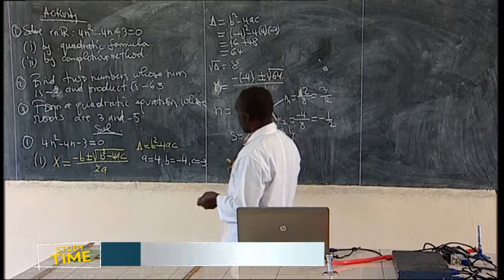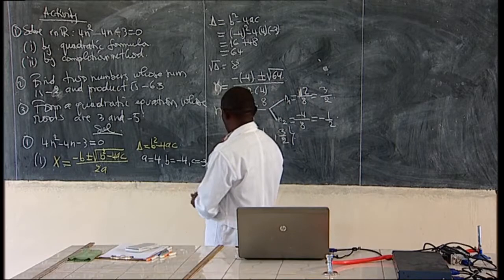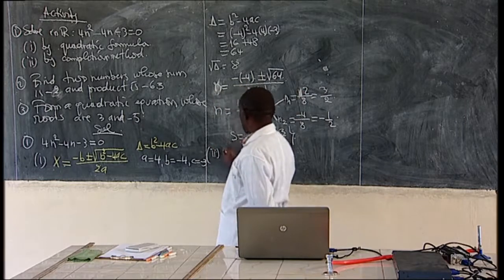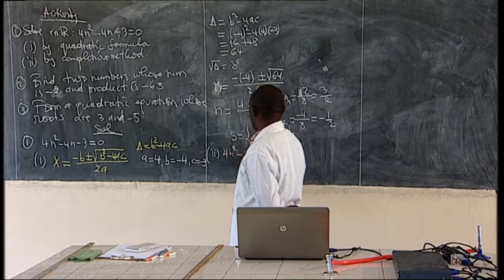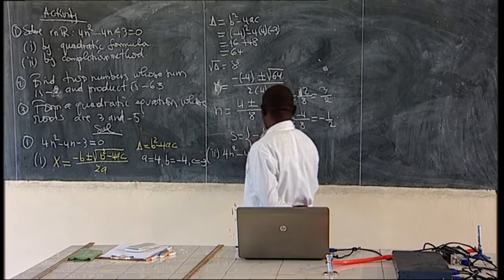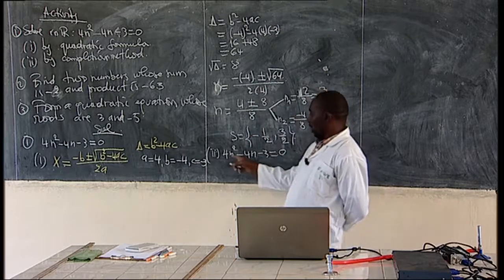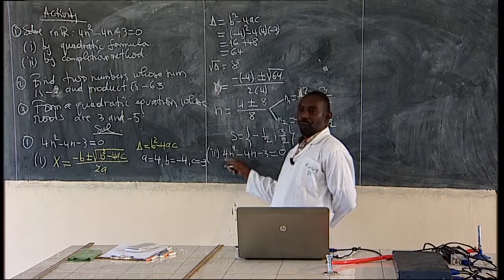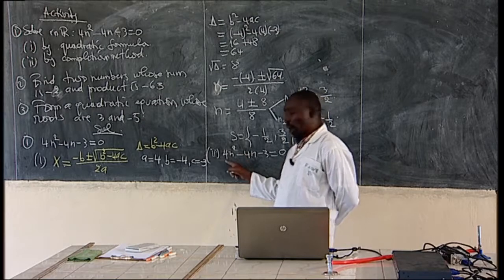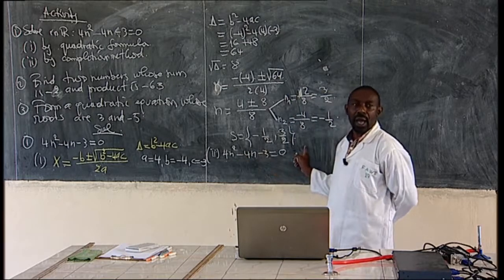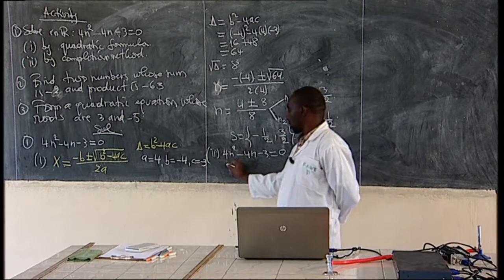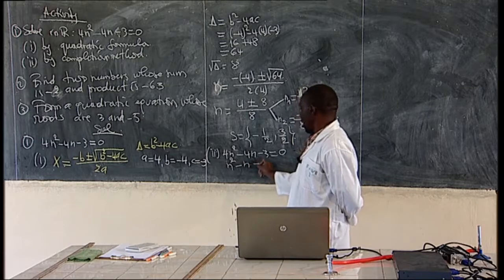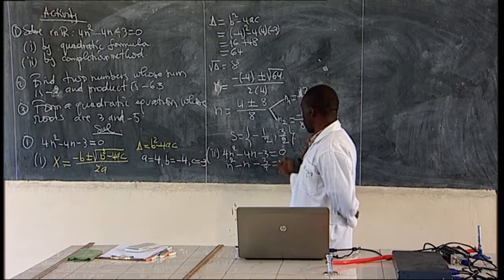All right, now the other method, completing the squares. We have 4n squared minus 4n minus 3 equals 0. As the leading coefficient, the coefficient of n squared, is different from 1, we have to divide our equation by 4. So I have n squared minus n minus 3 divided by 4 equals 0.